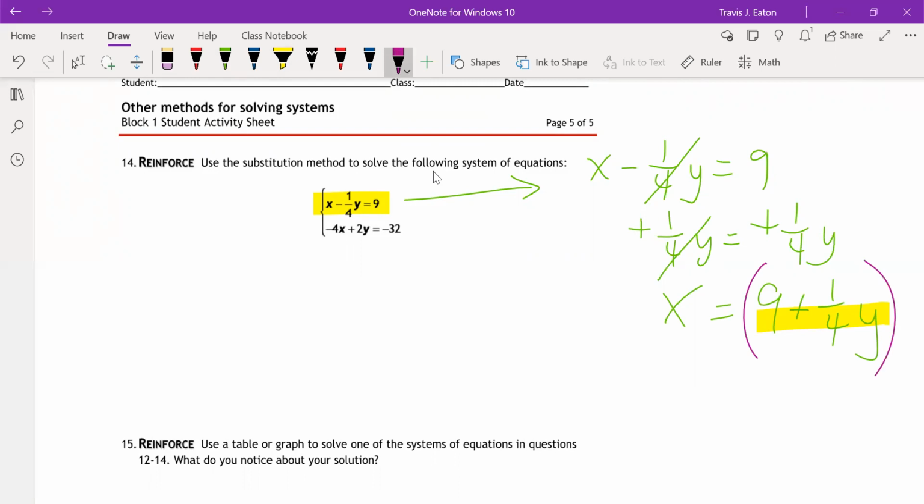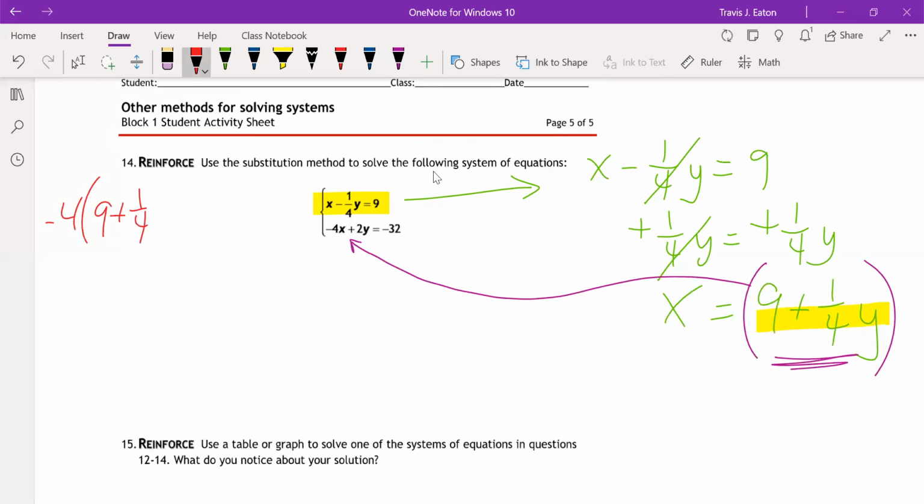So now what I can do is take this value right here and substitute it for x in my other equation. So that equation then becomes -4 multiplied by 9 plus 1/4 y plus 2y equals -32.